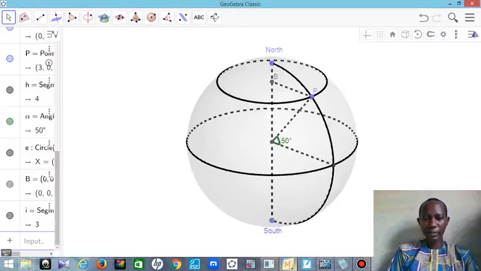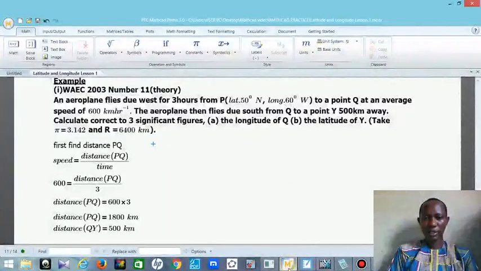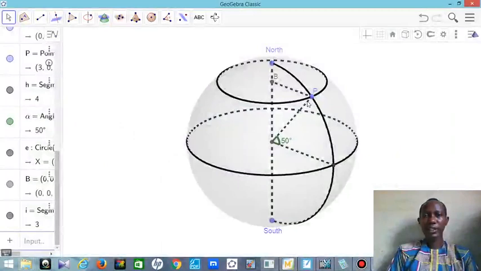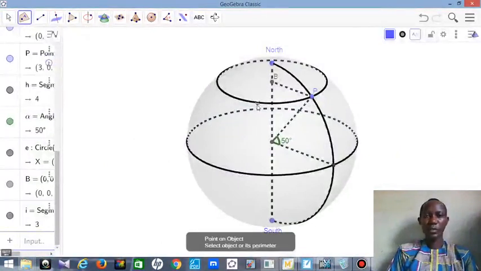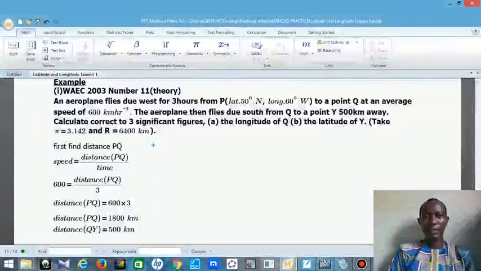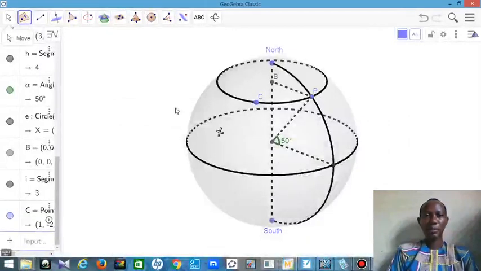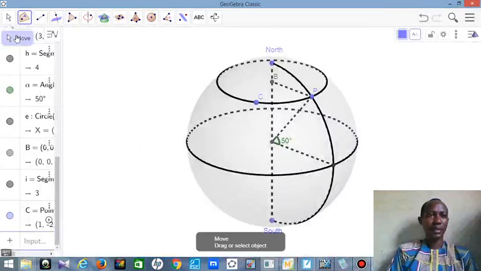Okay, what next? We have located the first coordinate, 50 degrees north. Then the second coordinate is 60 degrees west. Then still on this point, we move towards the west. The west is on this side, and that point of west is called what? Let me check. Okay, so this place is not supposed to be point P. I'll just change the name.